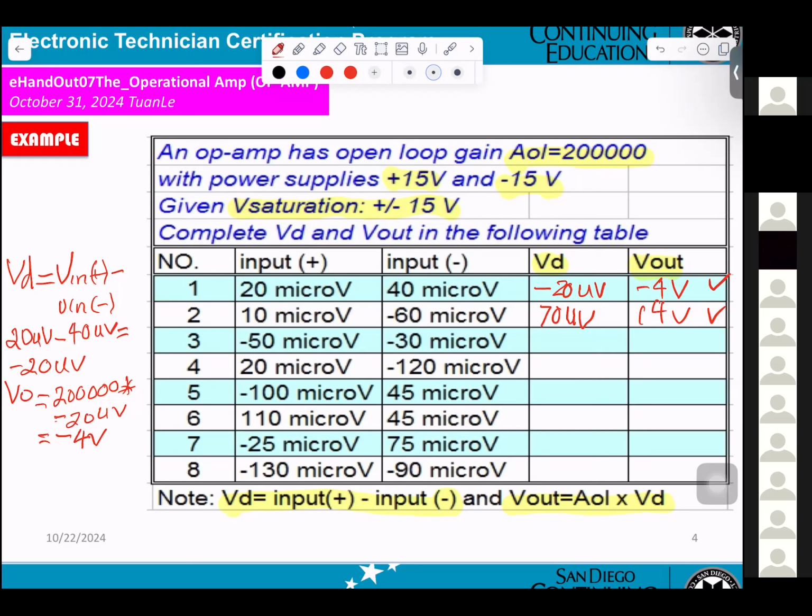So minus 20 micro for VD. Is that what you got, Mr. Pham? Minus 20? Minus 20 micro, and then that's times 200,000. I got -4.